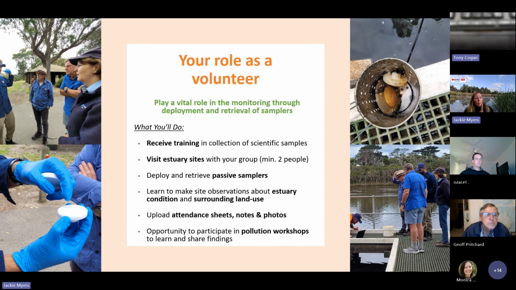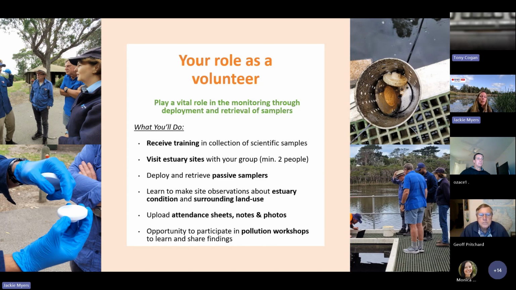As a member of a group working at an estuary, you will visit that selected estuary during monitoring rounds, and you'll learn to deploy and retrieve pre-prepared passive samplers. You'll learn to make site observations about estuary condition and surrounding land use that might be influencing what sort of contaminants we might see at a site.